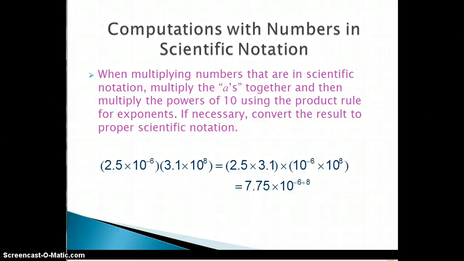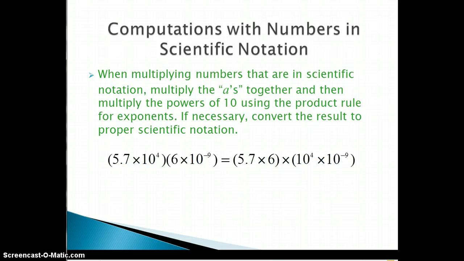So 2.5 times 3.1, that's our 7.75. And then when we multiply the powers of 10, we use the product rule, which means add the exponents. And when we do that, we get a 2 for our exponent on the 10. And that is in proper scientific notation, since 7.75 is between 1 and 10. And so that's our answer.